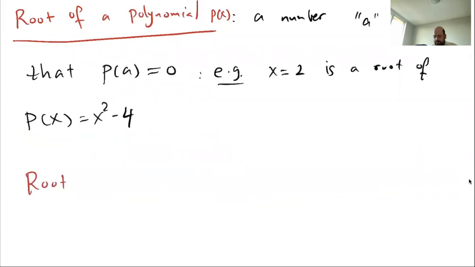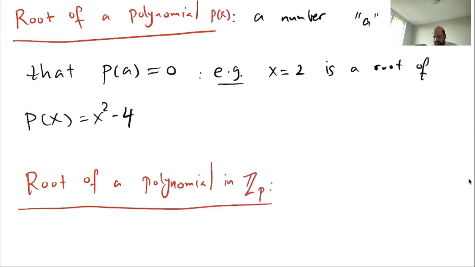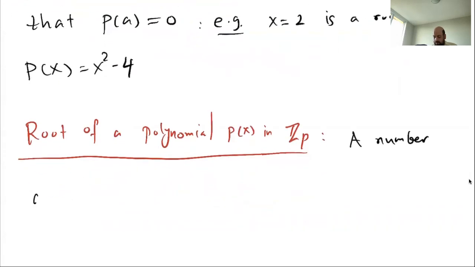A root of a polynomial in Zp, let's call it again P of X, is again a number a in Zp this time. So see the only difference.